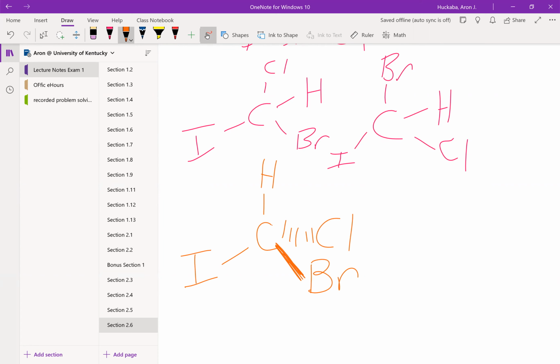Now you can say for sure that the bromine is coming out at us and the chlorine is going in. And there is no ambiguity there, because now that we have locked in where these atoms are in 3D space, the drawings are not equivalent, because this drawing is not equivalent to the one I'm drawing right now.